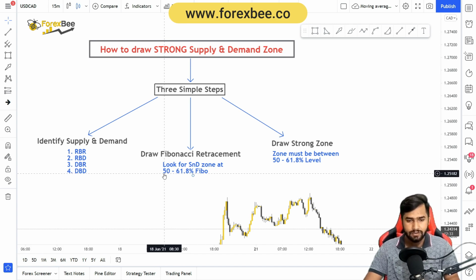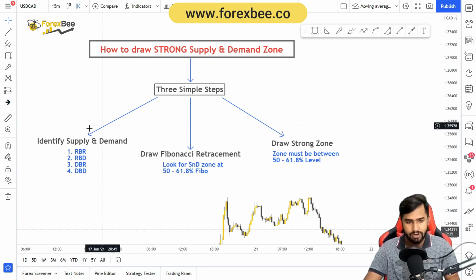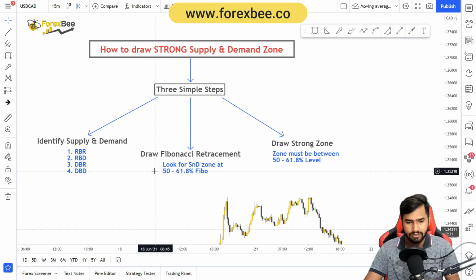The golden zone is between 50 and 61.8%. So if the zone that we spotted in the first step is within this golden zone, the 50 to 61.8 Fibonacci percentage, then that means this zone is a very strong supply or demand zone.